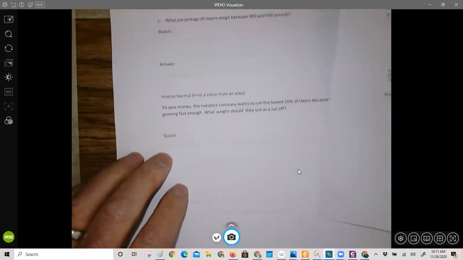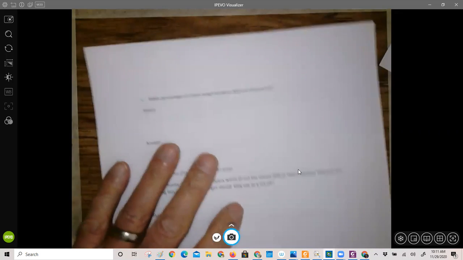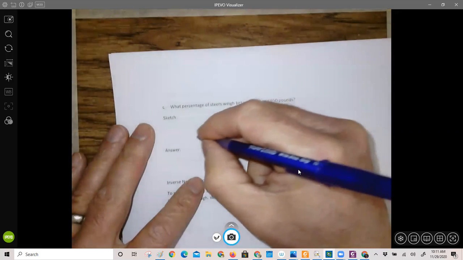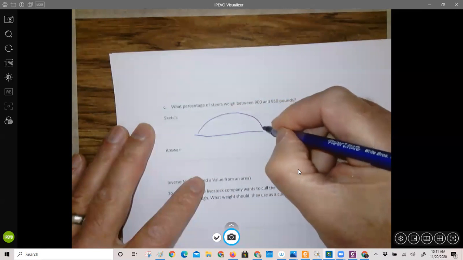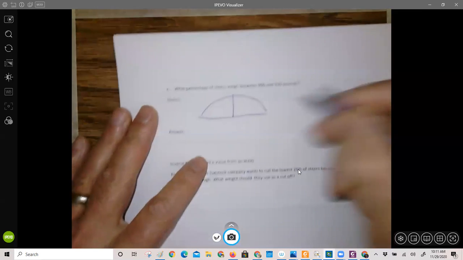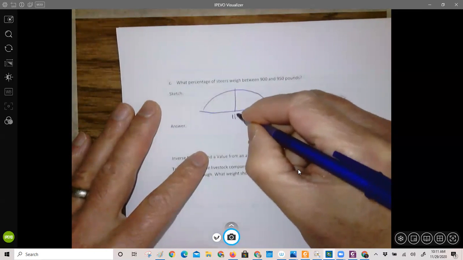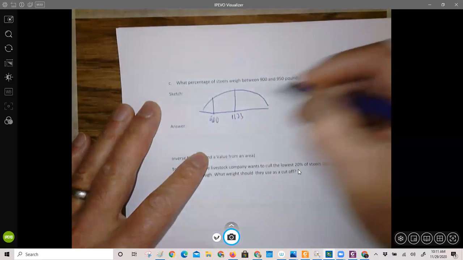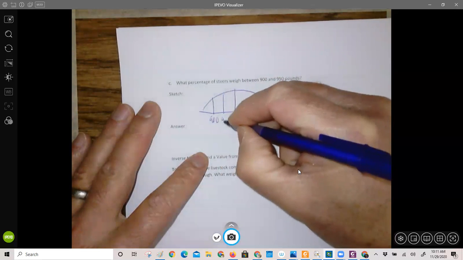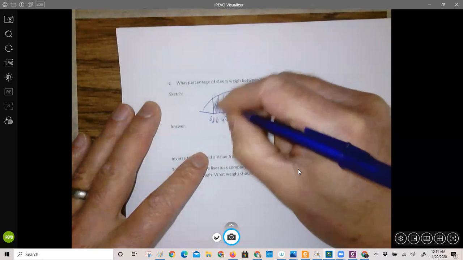Okay. What percent of steers will weigh between 900 and 950 pounds? So a little rough sketch: the mean in the middle, 1123. Then we've got 900, and we've got 950. And we're looking for that area there.